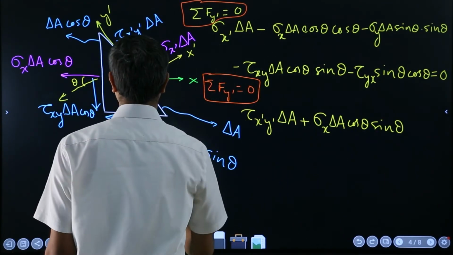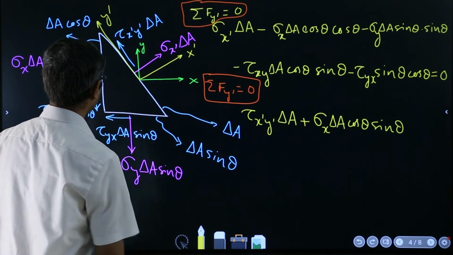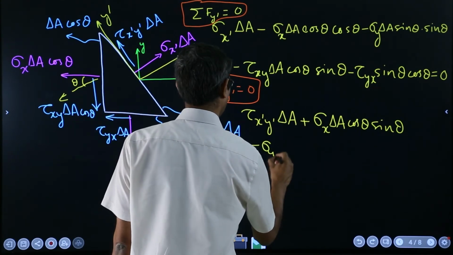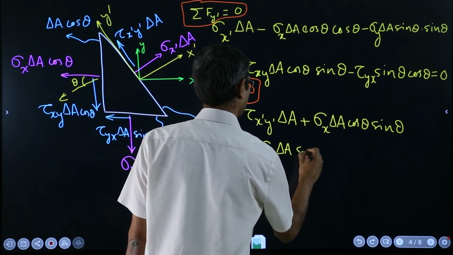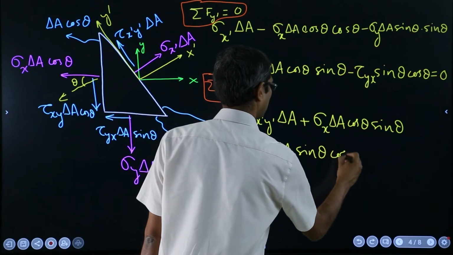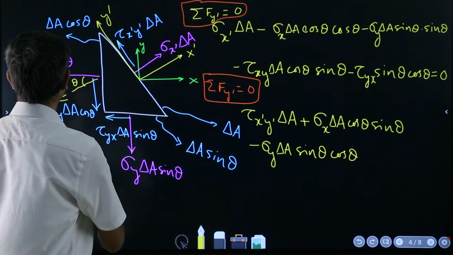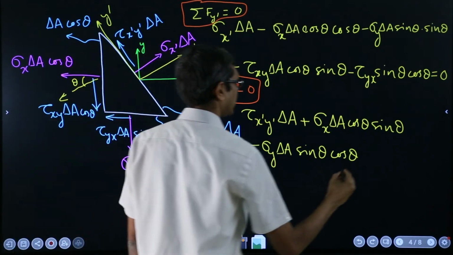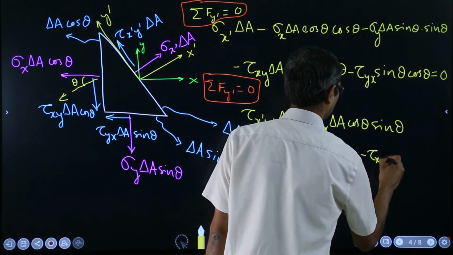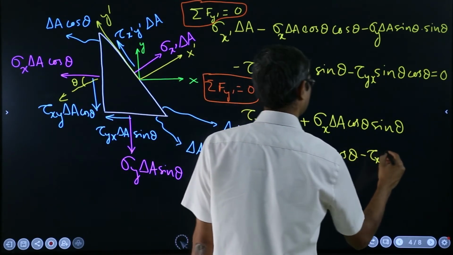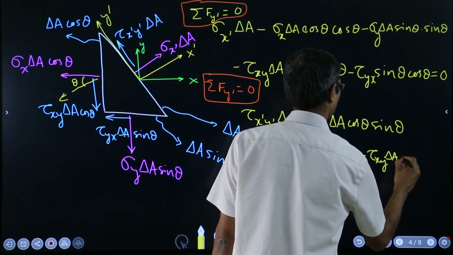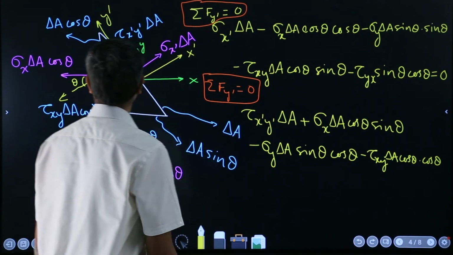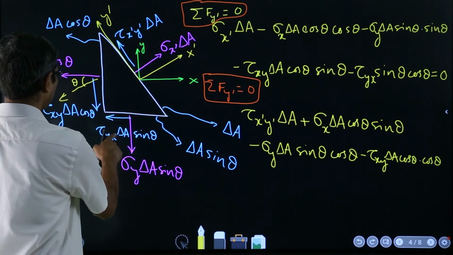Okay, then here it's minus sigma y delta A sine theta cosine theta, then minus this tau xy delta A cosine theta and it's cosine theta, and similarly one more.